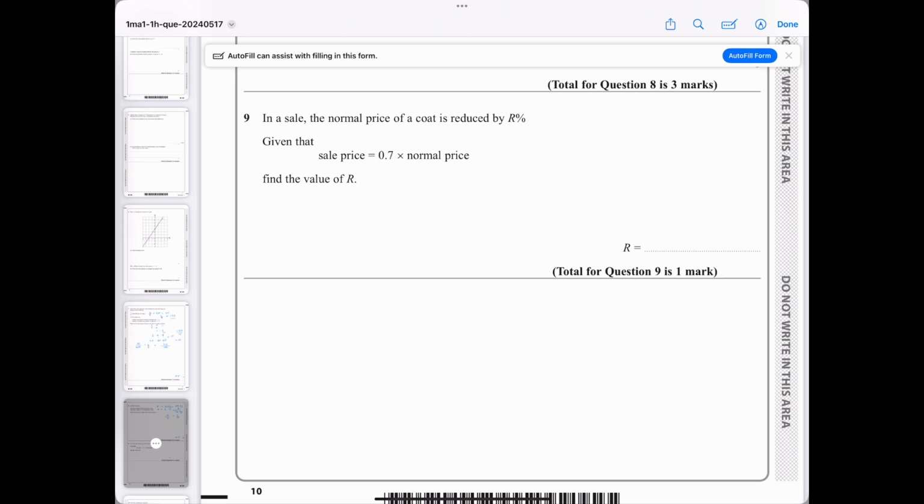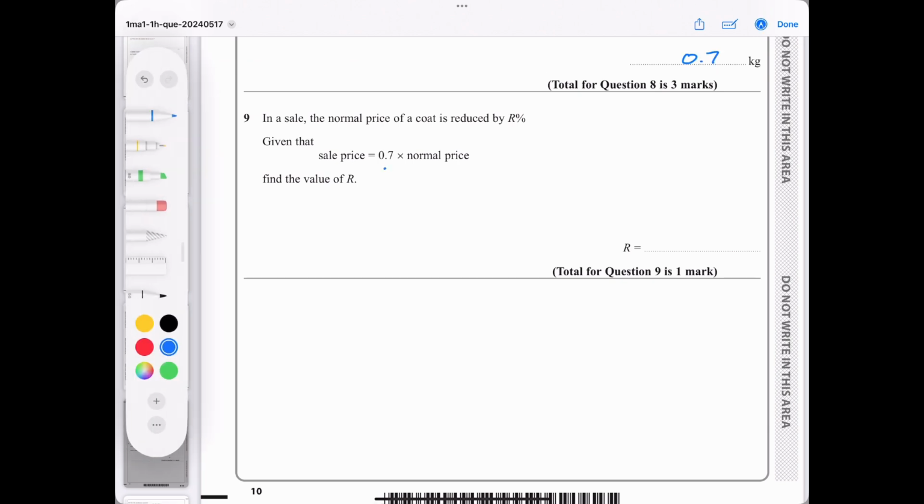I can't see how to say this in a normal way. So this is your, what's the word? Your multiplier. So sale price, so say the normal price was 100%, was 100, and then you take away 30, that equals 70, and then you divide that by 100 to get your multiplier.